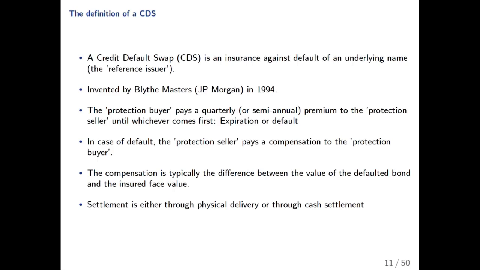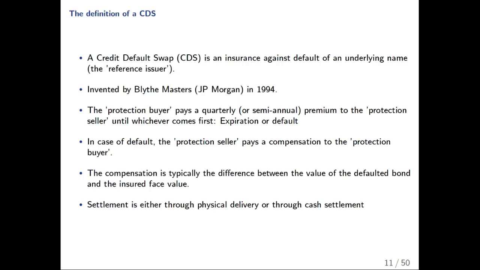Typically, the swap payments are exchanged quarterly, in the US at least, and it's an insurance where a protection buyer will exchange a premium at regular intervals for the life of the contract. Typically, contracts are 5 years. The 5-year CDS is the most liquid, and the protection buyer will pay a premium over the life of that contract until maturity, conditional on no default.